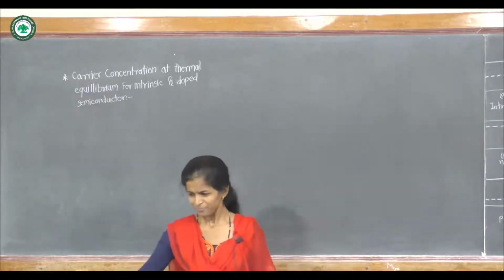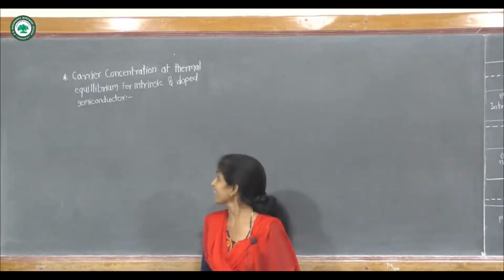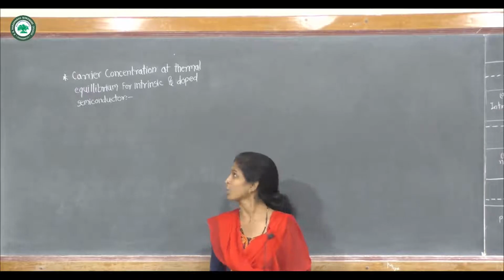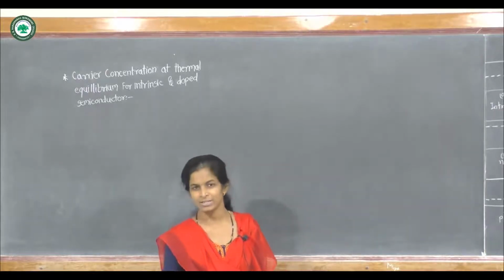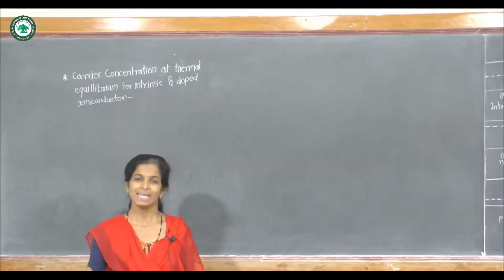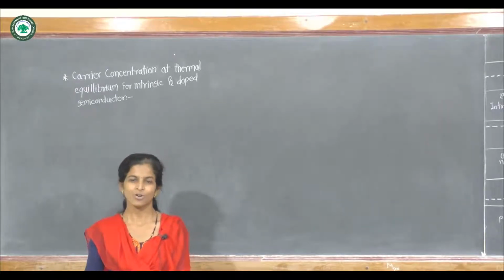The next point of this module number 1 is carrier concentration at thermal equilibrium for intrinsic and doped semiconductor. So one has to know why there is need to study the carrier concentration.